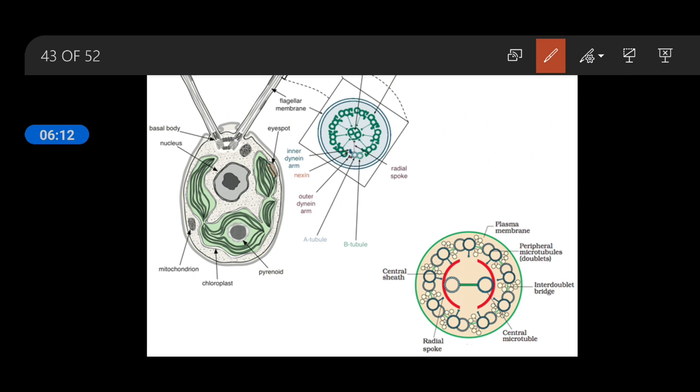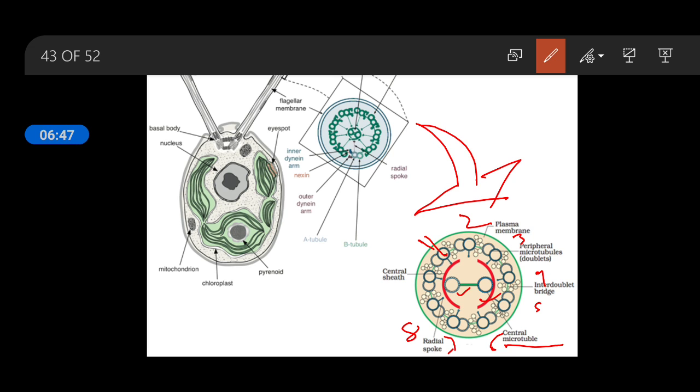At the peripheral region you can see doublet forms, a total of 9 doublets. You can see this in the diagram given below. Here are the central microtubules, this one and this one, and these are the 9 doublets: this is one pair, second, third, fourth, fifth, sixth, 7, 8 and 9.